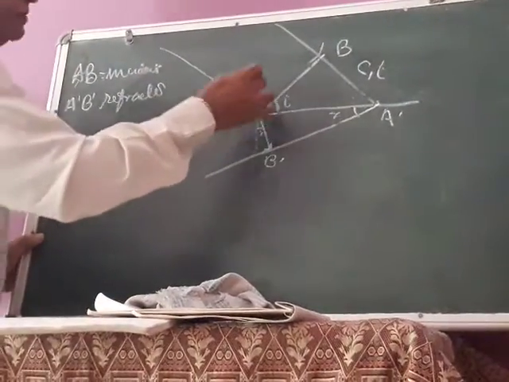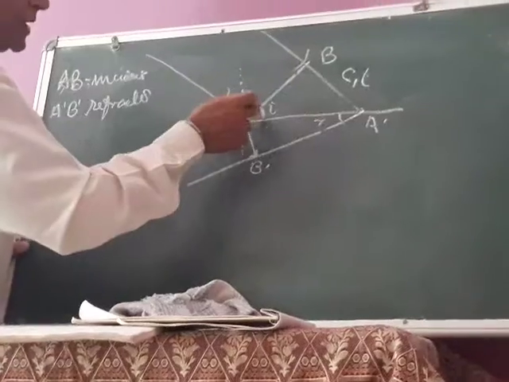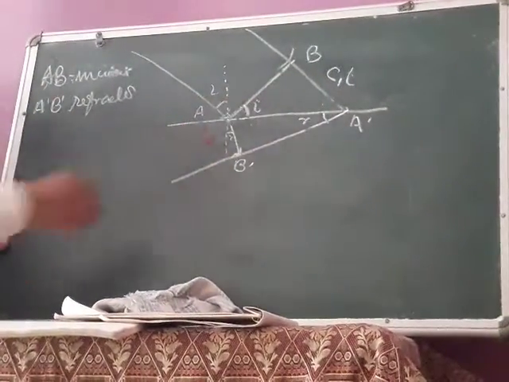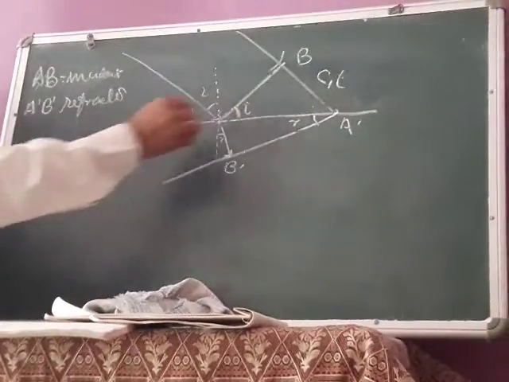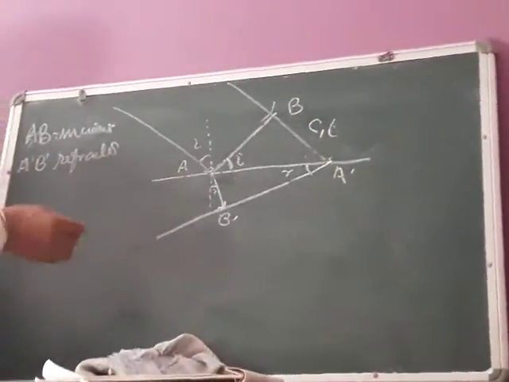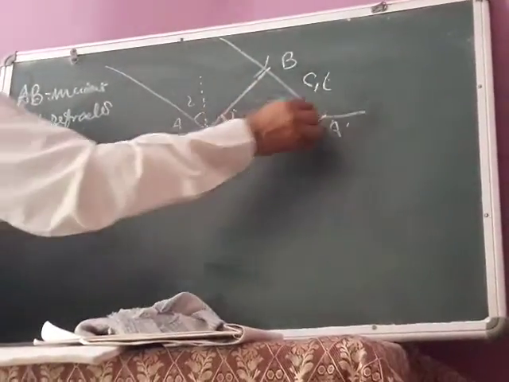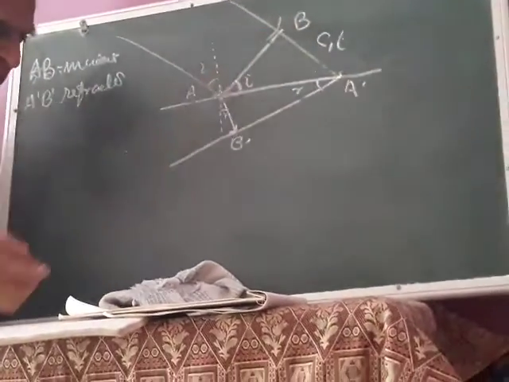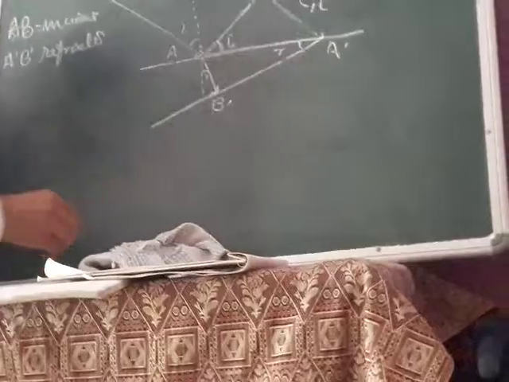If you deduct from 90 you get i, and in the same way you get r. So this is angle i, this is angle r. In these two triangles, this side is common, and this is 90 degrees.